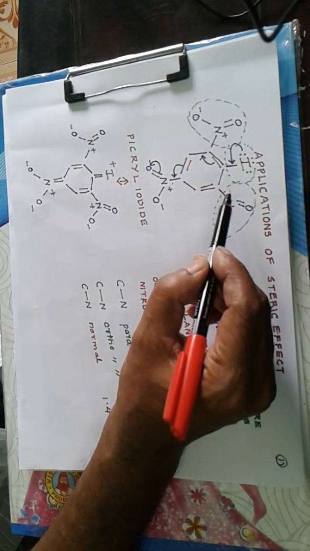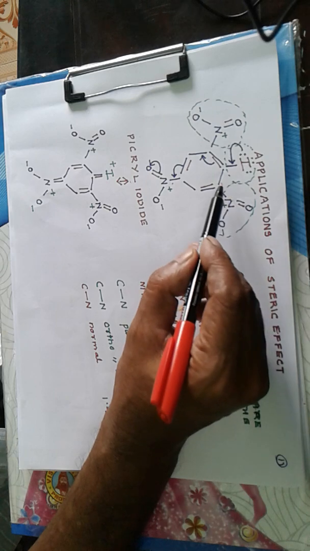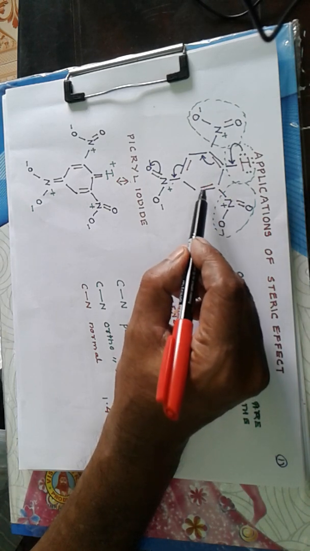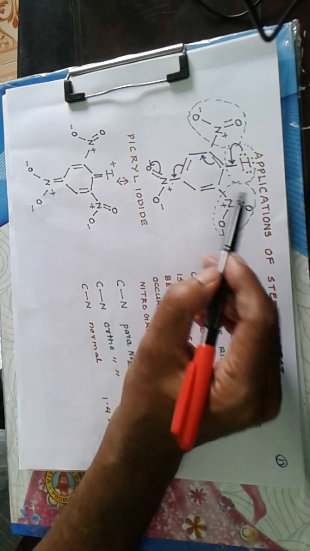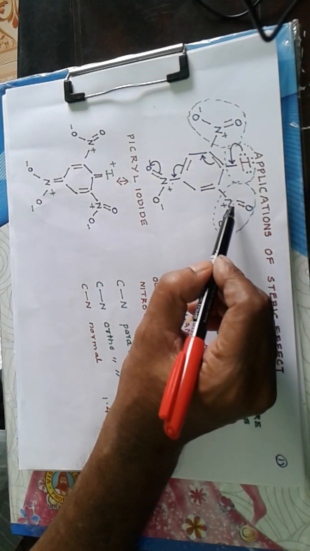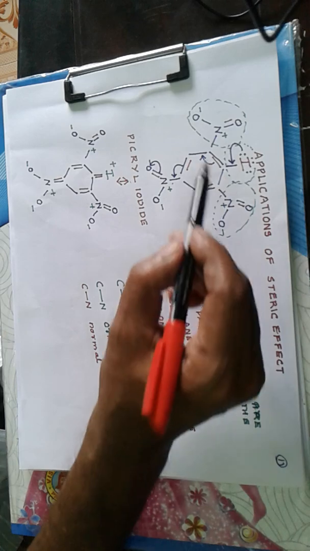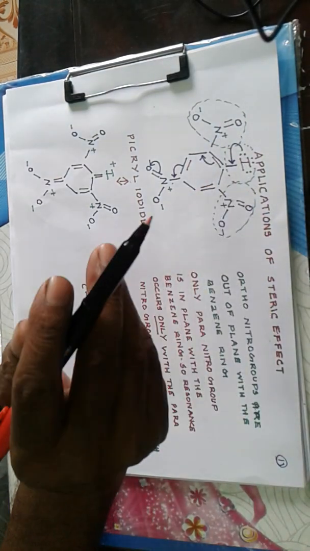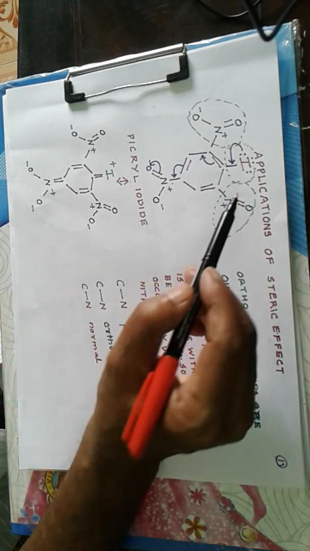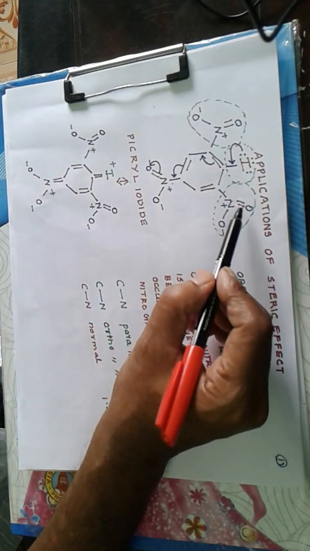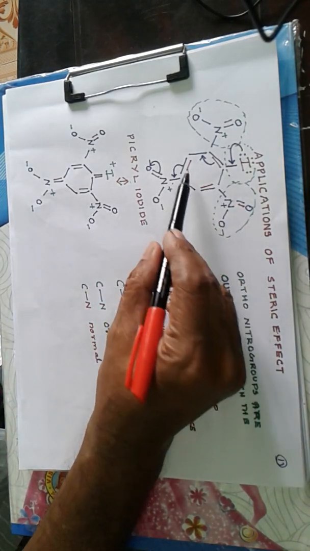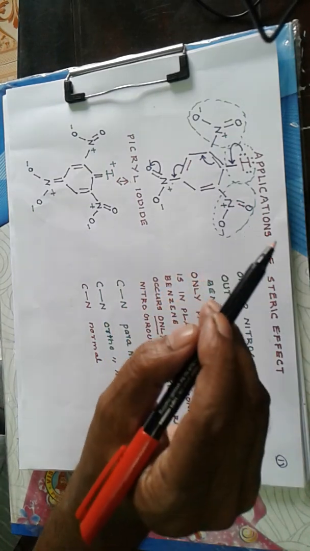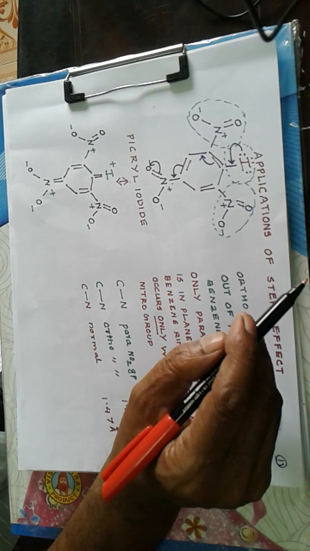Now if the nitro groups are planar, then the p orbitals which form the pi bond in the benzene ring and the p orbital which form the pi bond here, also here. Now all these pi bonds will be parallel to each other, or all the p orbitals which form such pi bonds in benzene as well as in the nitro group will be oriented parallel to each other.